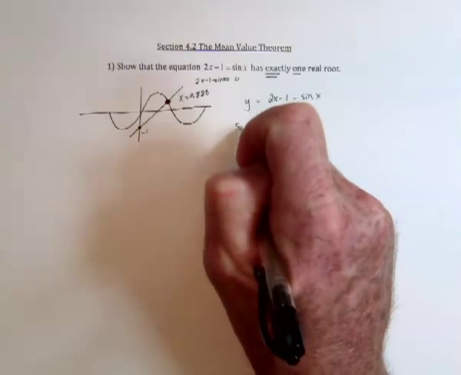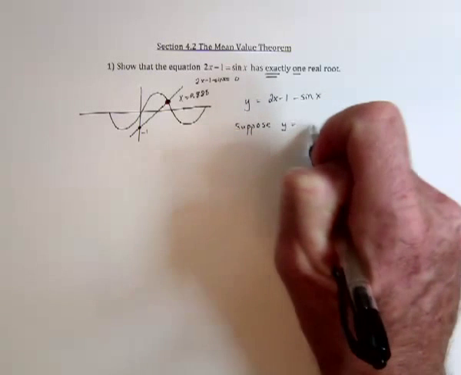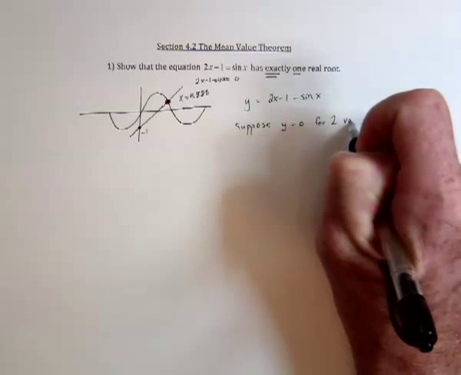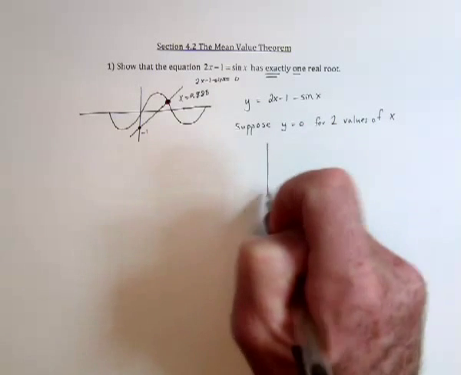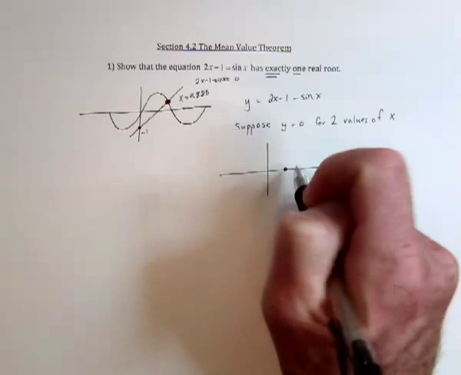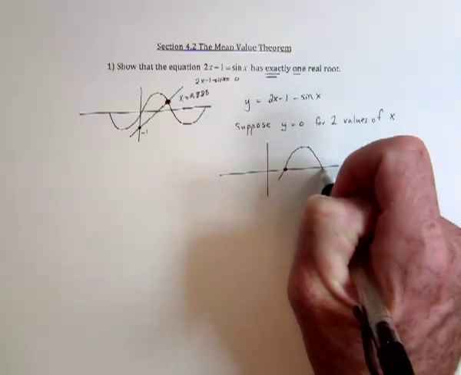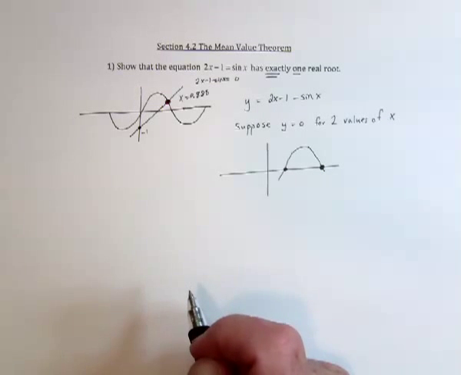So suppose that there were two answers. Suppose the function is doing whatever. We have one answer at 0.888. So the function does whatever, and then suppose that it has to come back and hit the x-axis again.